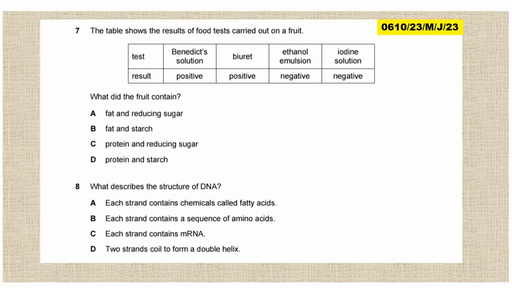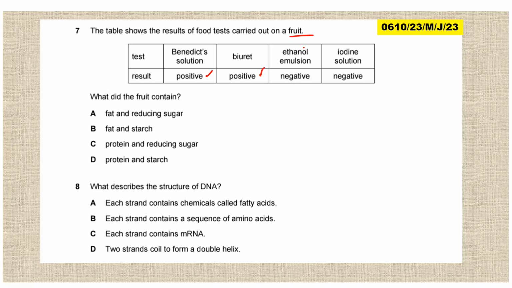That is paper 2, 2023, May-June. Paper 2, variant 3, May-June 2023. The table shows the result of a test carried out on the fruit. Benedict's solution is for sugar, so positive. Biuret for protein, positive.